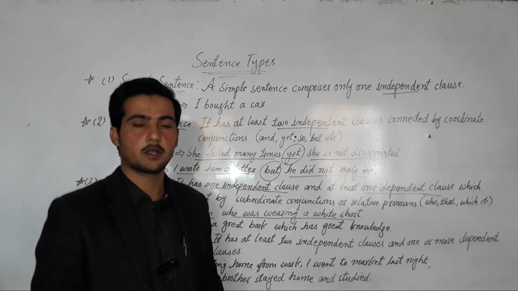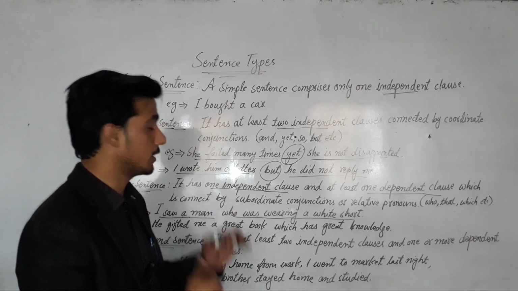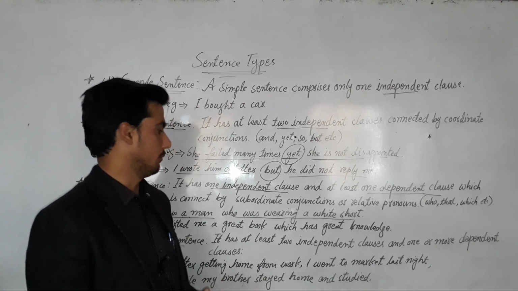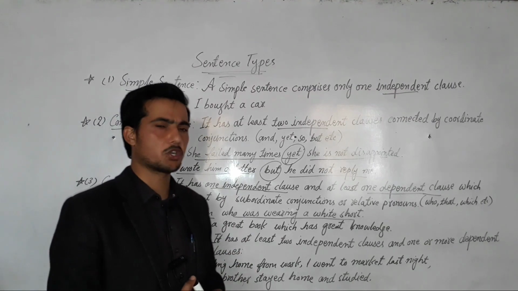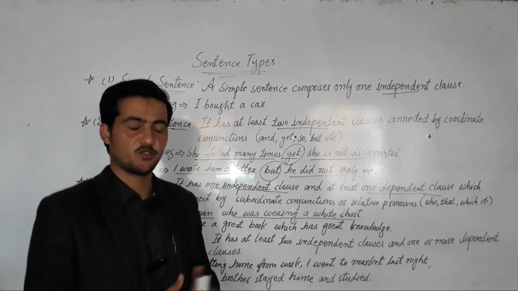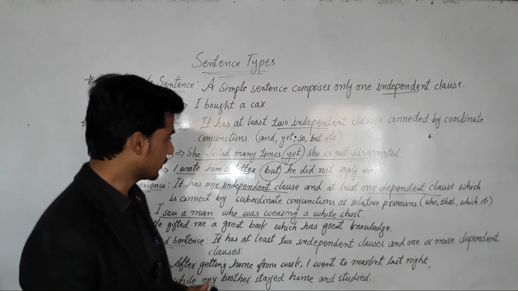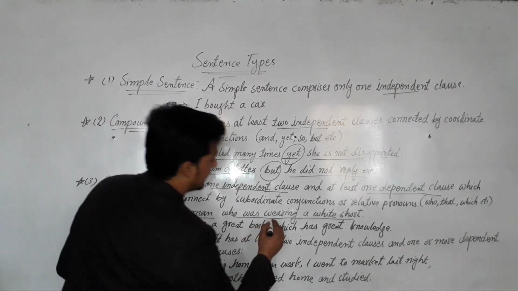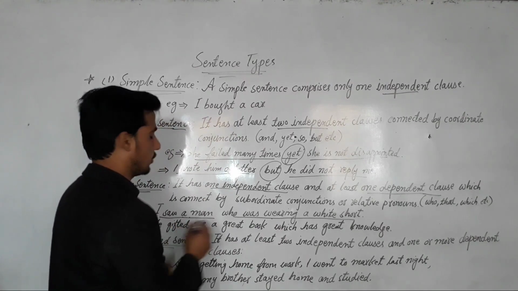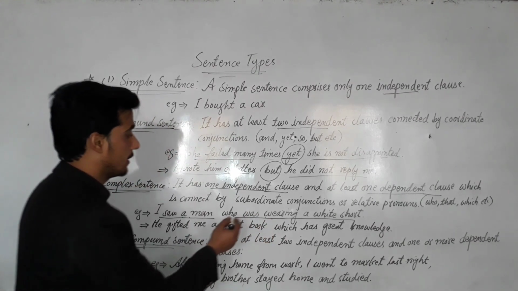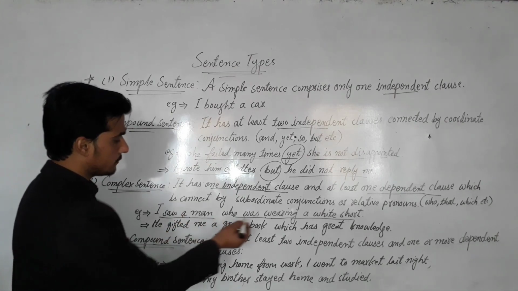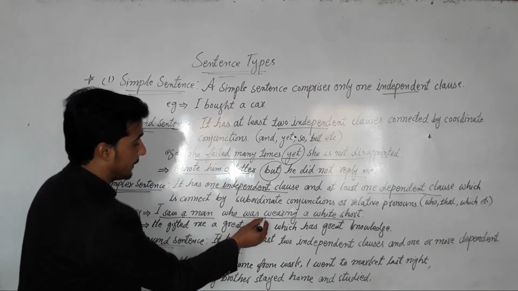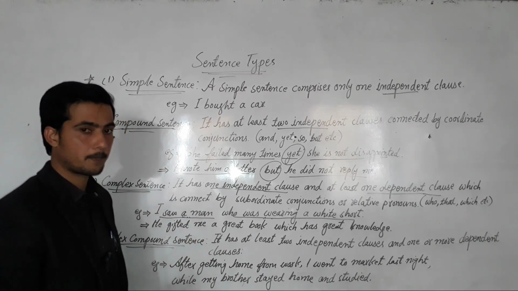It can give complete sense. But look at this one. If he comes to you and, without saying anything else, says, who was wearing a white shirt, indeed we will get confused. So this one is independent, and this one is dependent, because this part of the sentence depends on this part of the sentence.